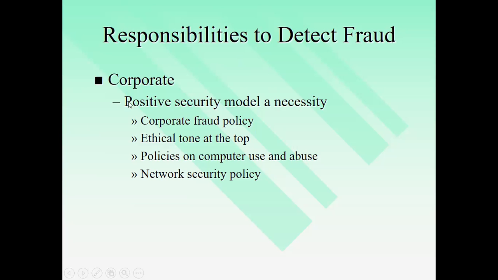On the corporate level, we should have a positive security model, also known as the proactive security model, wherein we have to do the PDCA cycle, although it's not mentioned here in the chapter: plan, do, check, act. We plan for the things that are going to happen in the company, prepare for the eventualities, then we do, implement, perform, and we check for the variances, like what are the areas wherein it's favorable or unfavorable to us.